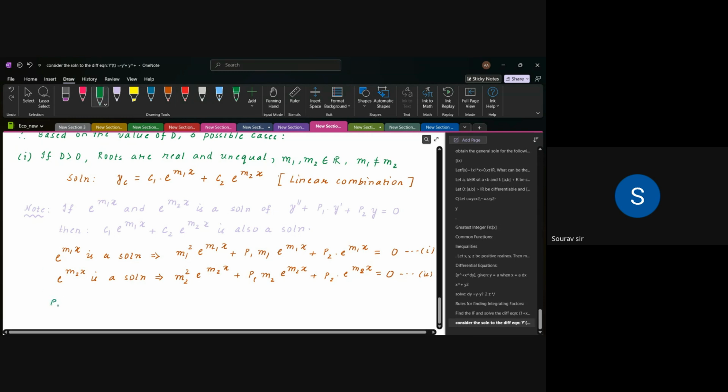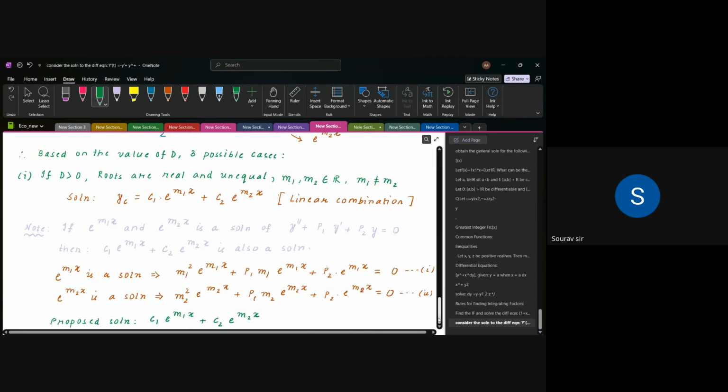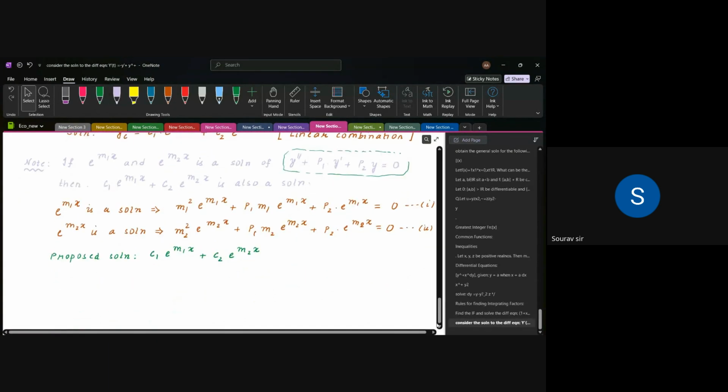So what is the proposed solution that I am talking about, or the new solution? C1 into e raised to the power m1x plus C2 e raised to the power m2x, right? So if this is a solution of this homogeneous differential equation, then LHS should be equal to RHS, right? On replacing it, let's try to work with the LHS.